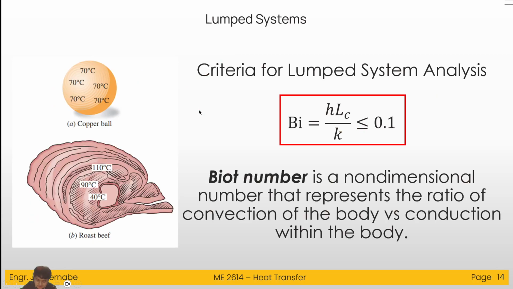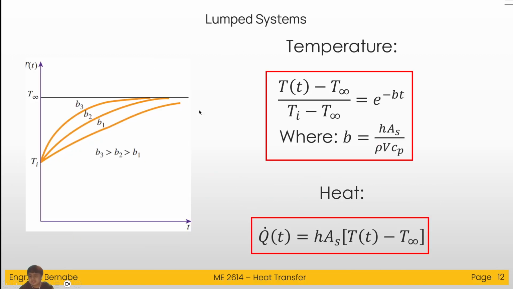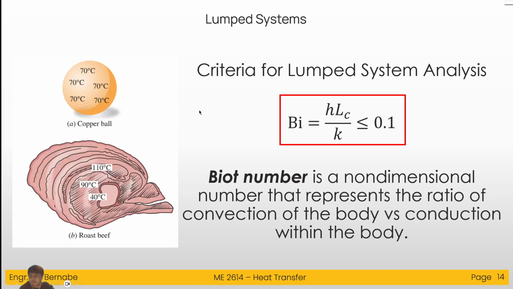So we understood that we have a mathematical model for representing the temperature and the heat flow for a transient case. But when is that applicable? How applicable are these two formulas that we are using? This is only applicable for uniform temperatures.